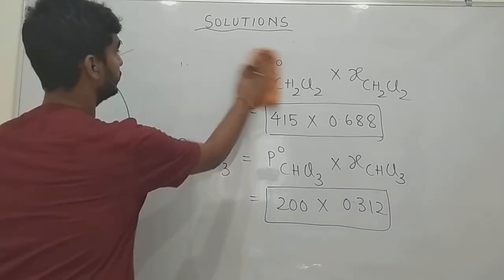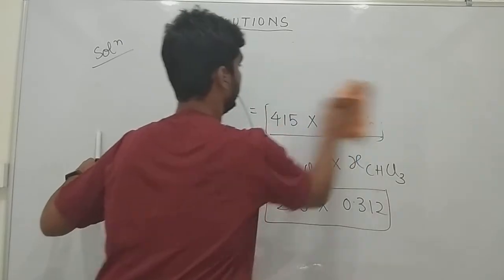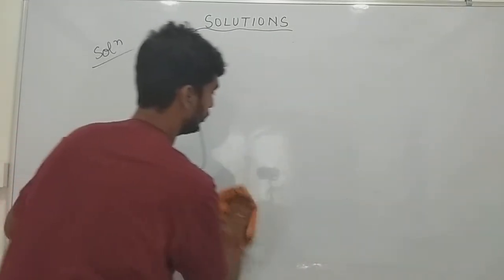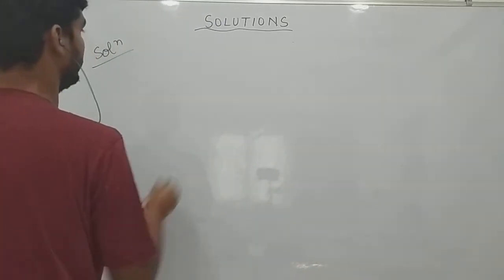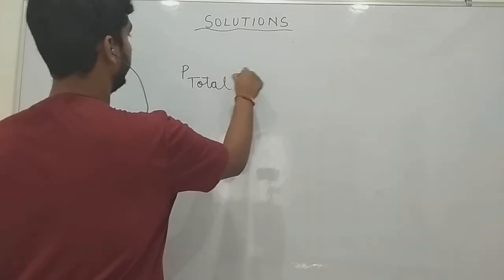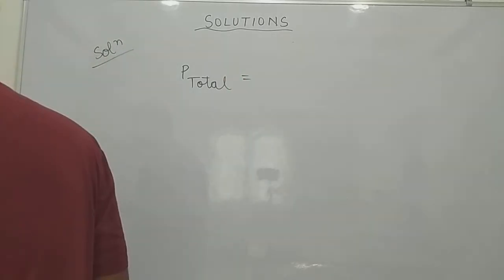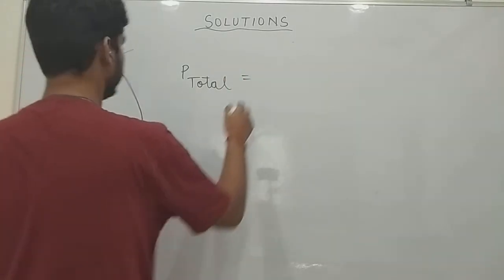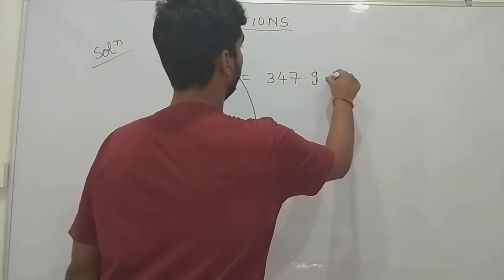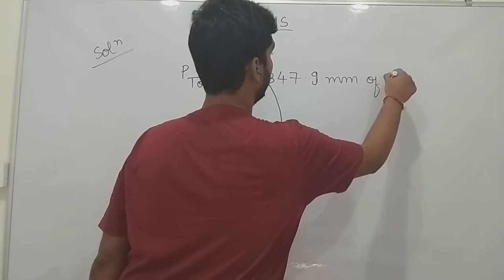On adding those two partial pressures, the total pressure of the solution comes out to be 347.9 millimeter of mercury column.